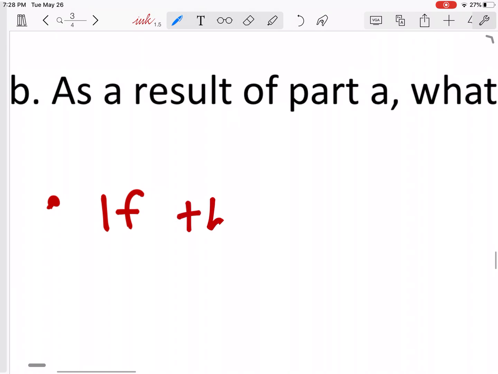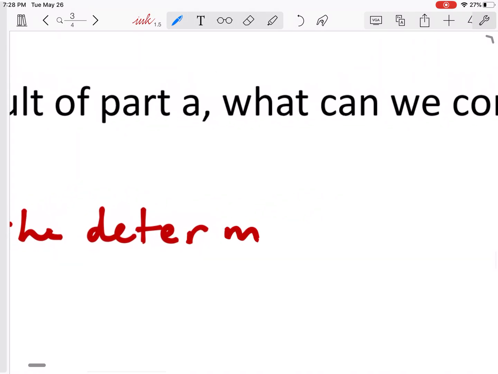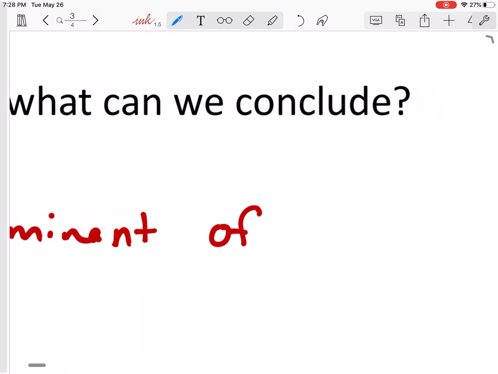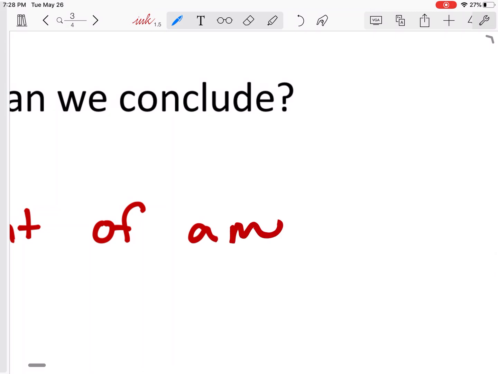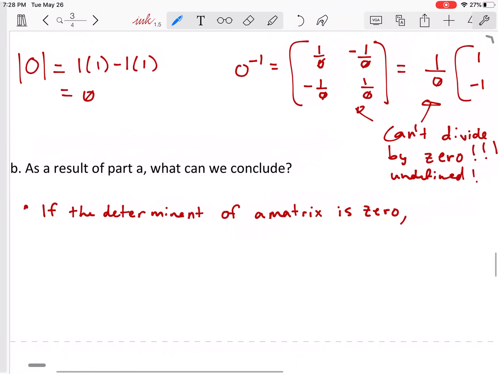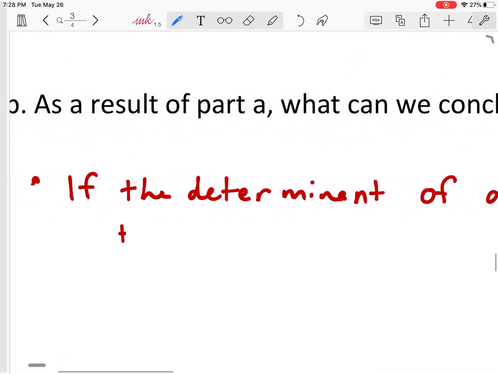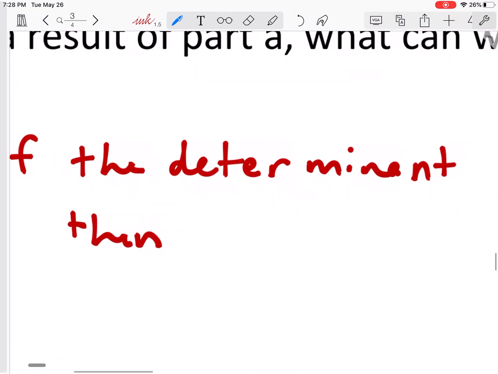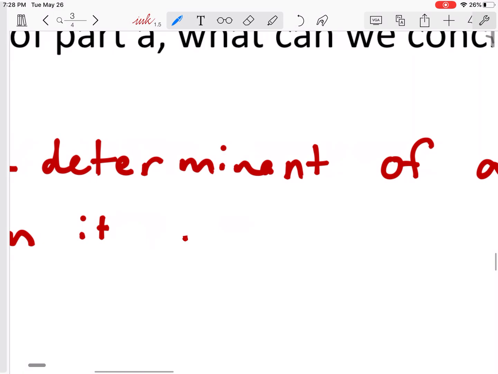If the determinant of a matrix is 0, then it doesn't have an inverse.